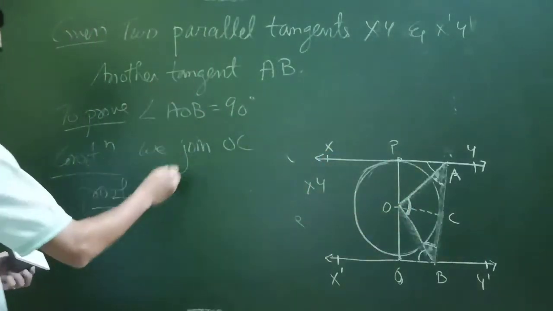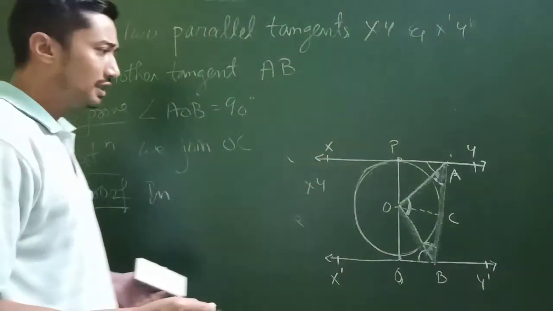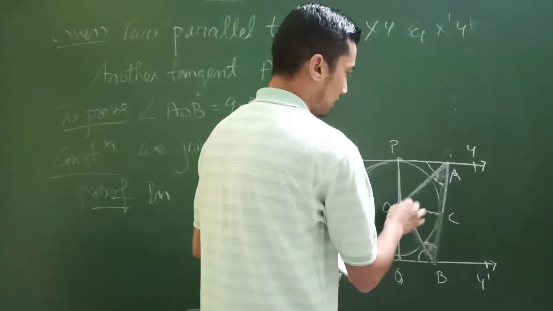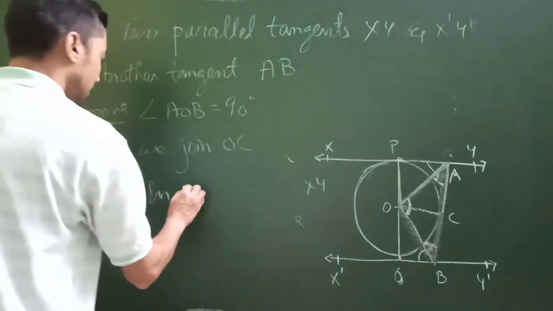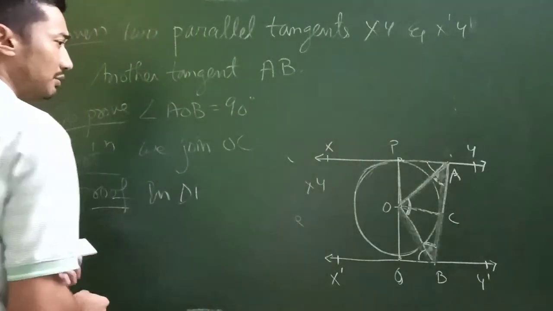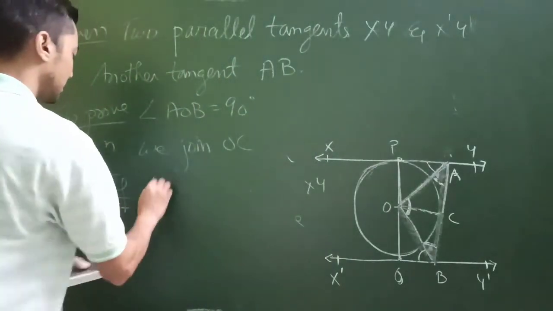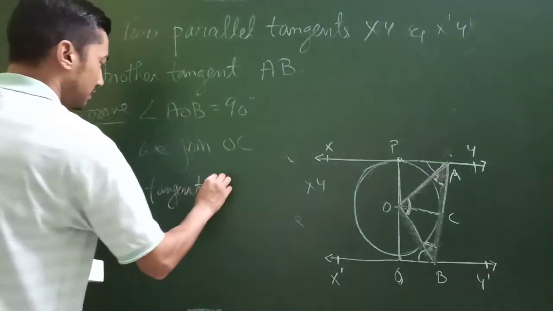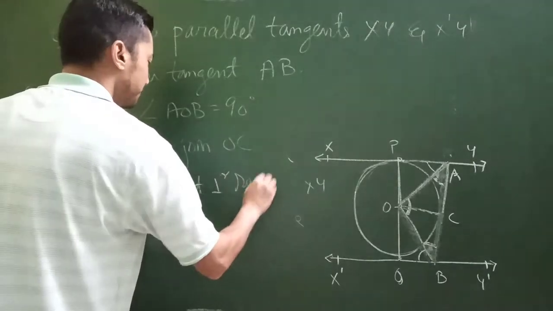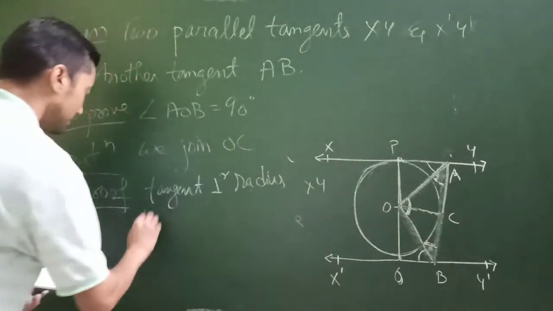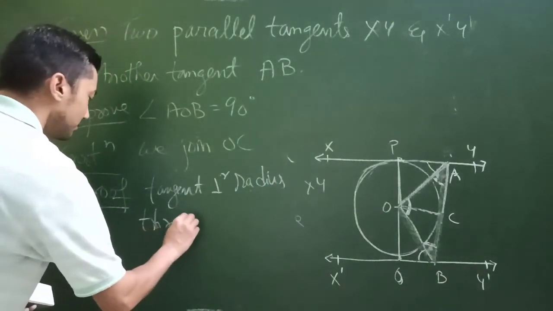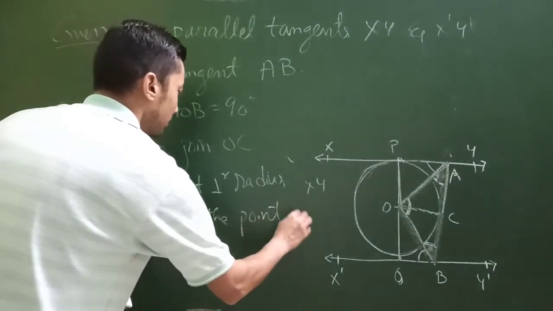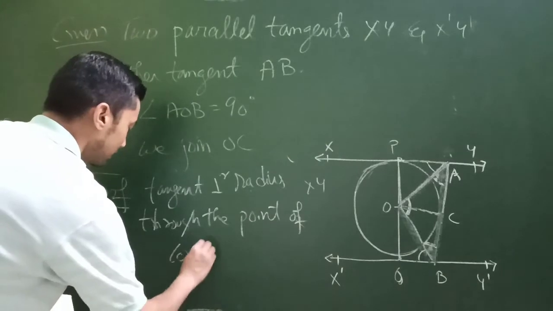Okay, let's begin. So it's very easy to recall. Take these two triangles first and try to prove that these two triangles are congruent. But before we do that, we'll just write: tangent is perpendicular to radius through the point of contact.